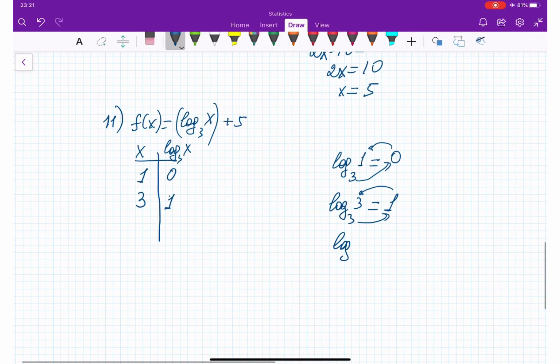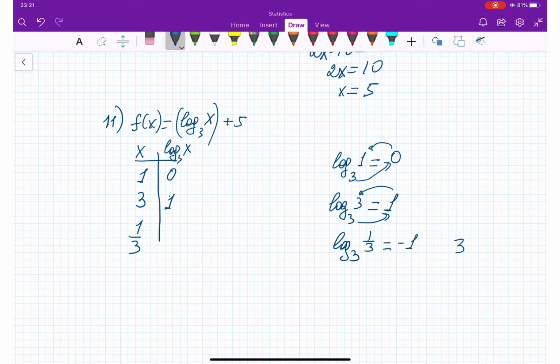Logarithm by base 3. 1/3. Okay, I'm taking x = 1/3. So 3 to what power is going to give me 1/3? -1, right?